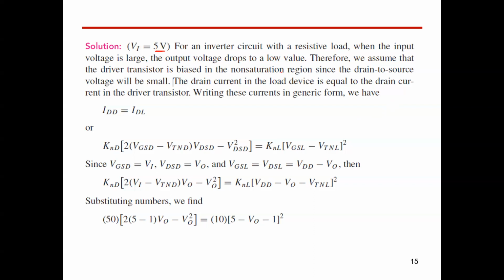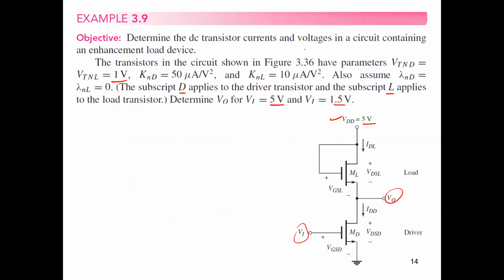So if we assume that the input volt is high, the output would be low. If we go to the circuit here again, the output here would be low. This volt would be low, which means the value of VDS here would be low.